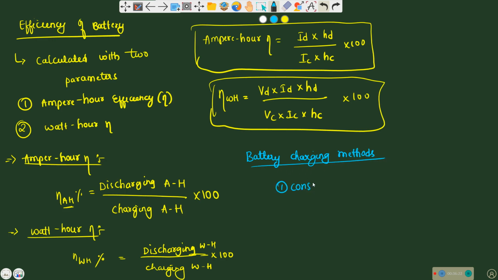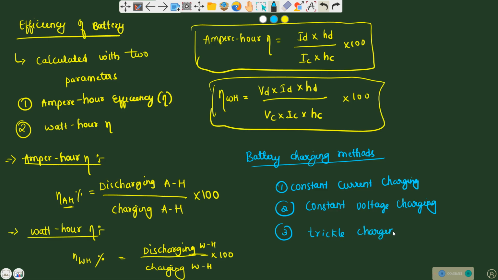Constant current charging, another we have constant voltage charging, and trickle charging. Okay, these are the battery charging methods.